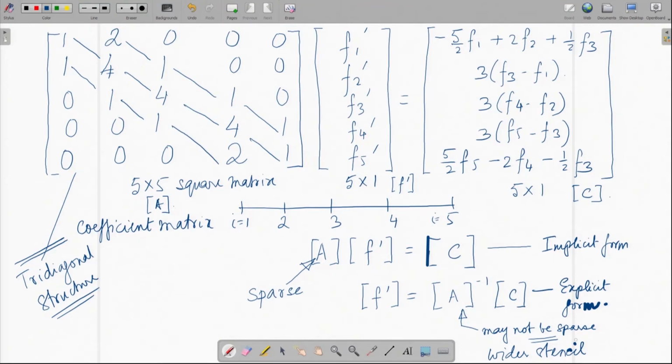And we have seen that in explicit schemes, when you have a wider stencil, that usually helps us achieve greater accuracy.